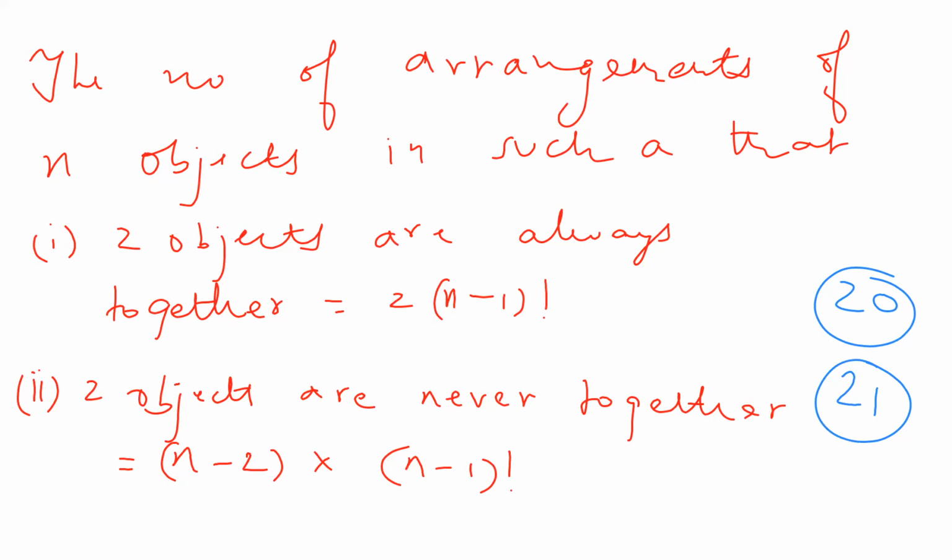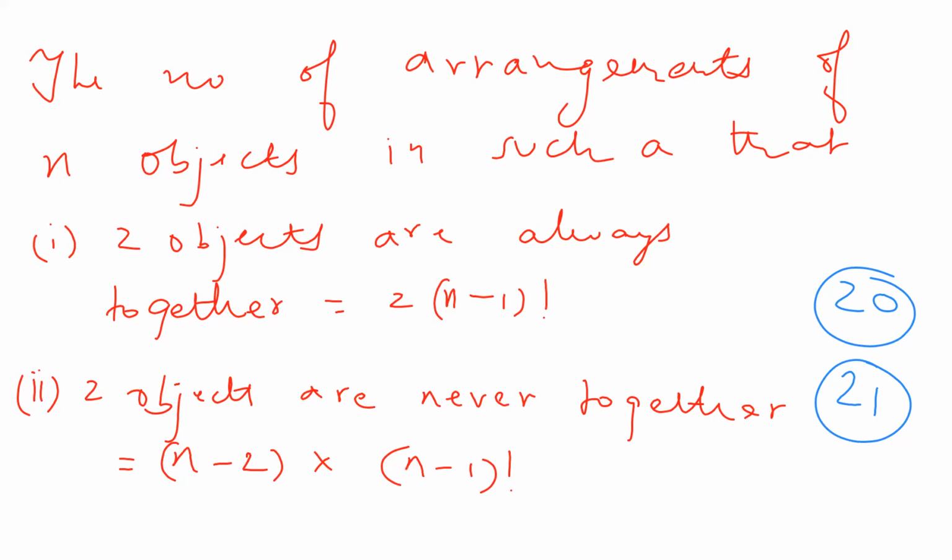Yes, but this particular property is only for 2 objects being together. So we can directly use this shortcut and find out the answer. What you said isn't wrong either, that's absolutely right. But if it is 3 objects always together, then this method won't work. Then the method which I have taught you now, the first object, will come into picture. Convinced?